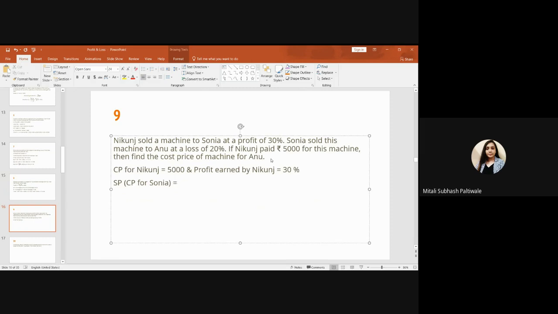So this would become 130 into 5,000 divided by 100, which is equal to 6500 rupees. Now this is the cost price for Sonia.